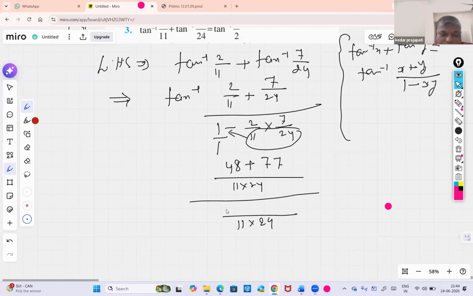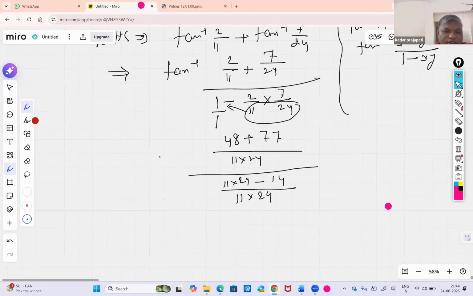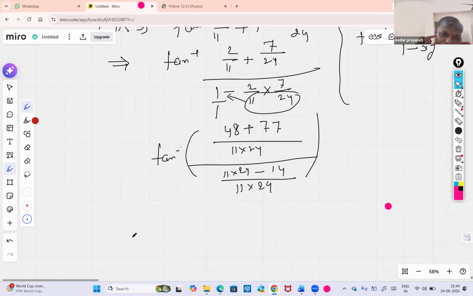Here it will come 11 into 24 minus 7 into 2, which is 14. Now this is tan inverse of this. Now it is clear? So from here only it came.